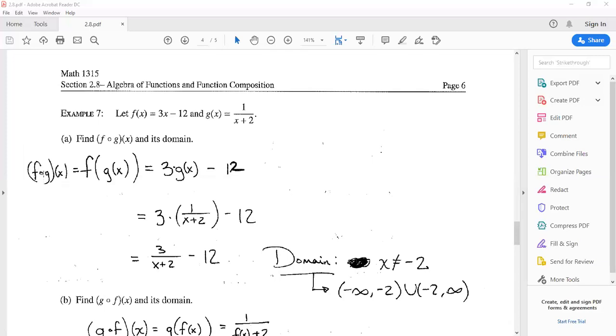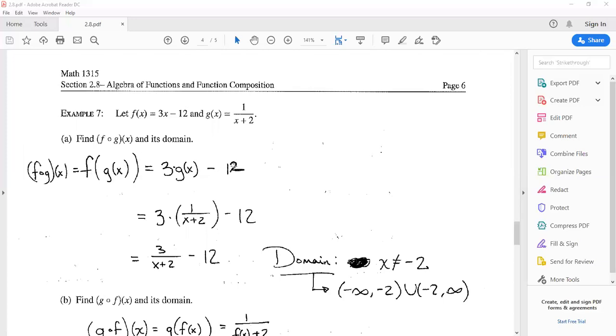So we have here f of g of x. Well, I'd like to write it like this, f of g of x. And I like to say, take the expression that you have for f of x, and everywhere you see an x, replace it with g of x, so that f of g of x is 3 times g of x minus 12.